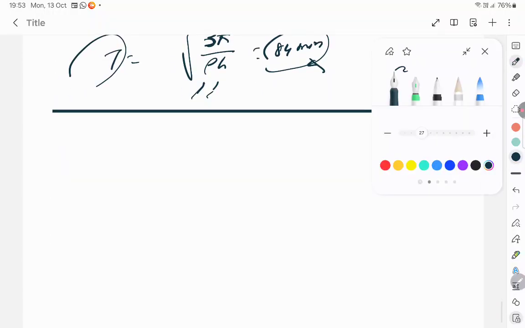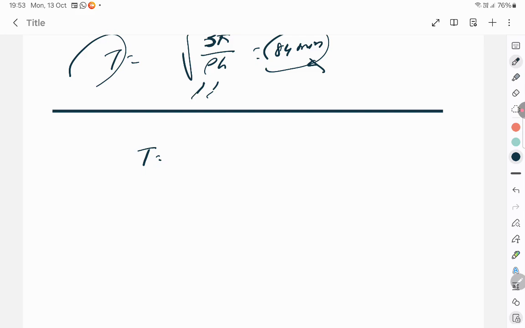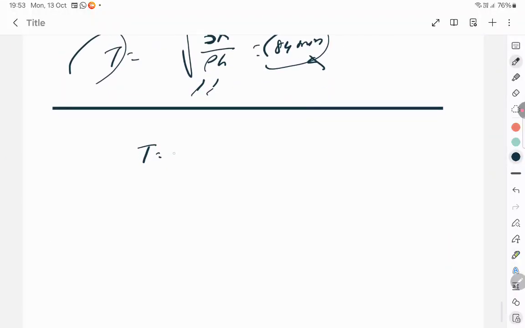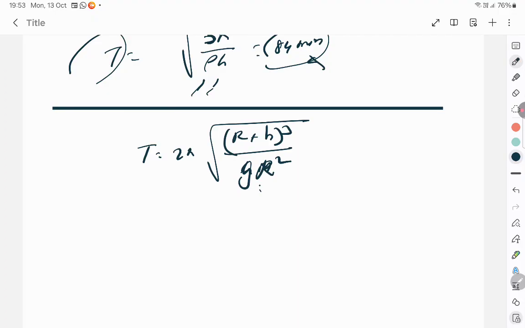You have to approach the time period formula. You remember this formula where we wrote time period is equal to 2 pi into root of (r plus h) the whole cube by GM, where M we wrote as density into volume. You take this and write it as g r square.